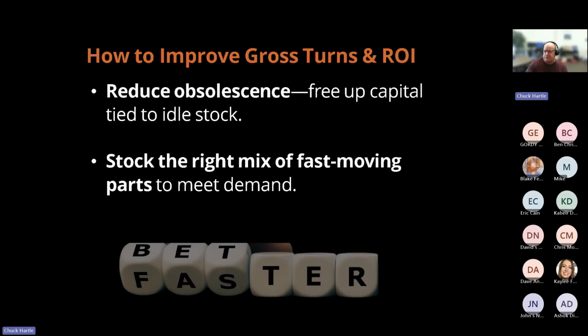So the other thing is just making sure to stock the right mix of fast-moving parts to meet demand. Somewhere between a 30 to 60 days supply is ideal. I try to tell everybody that if you're carrying more depth in inventory, up around 90 days or whatnot on maintenance items, you've got too much depth, and you really don't need that.